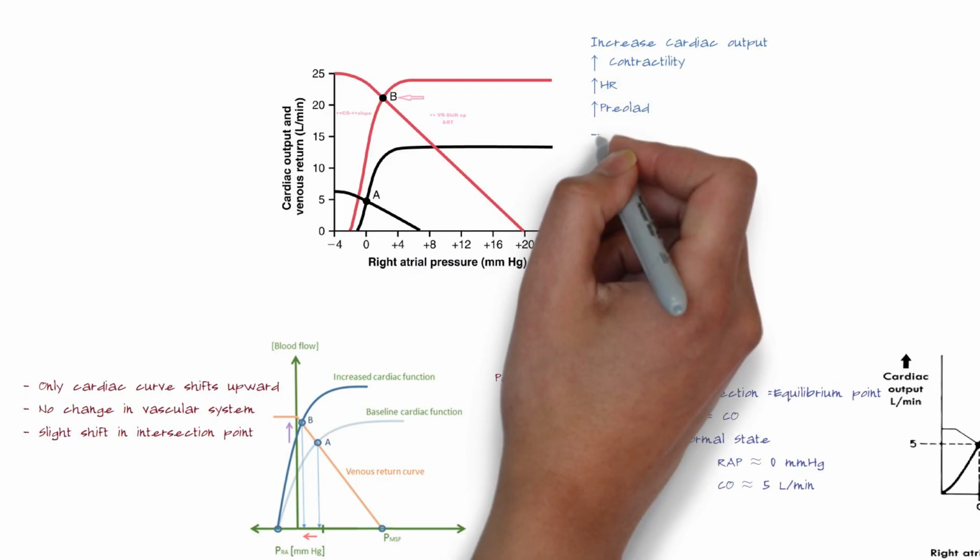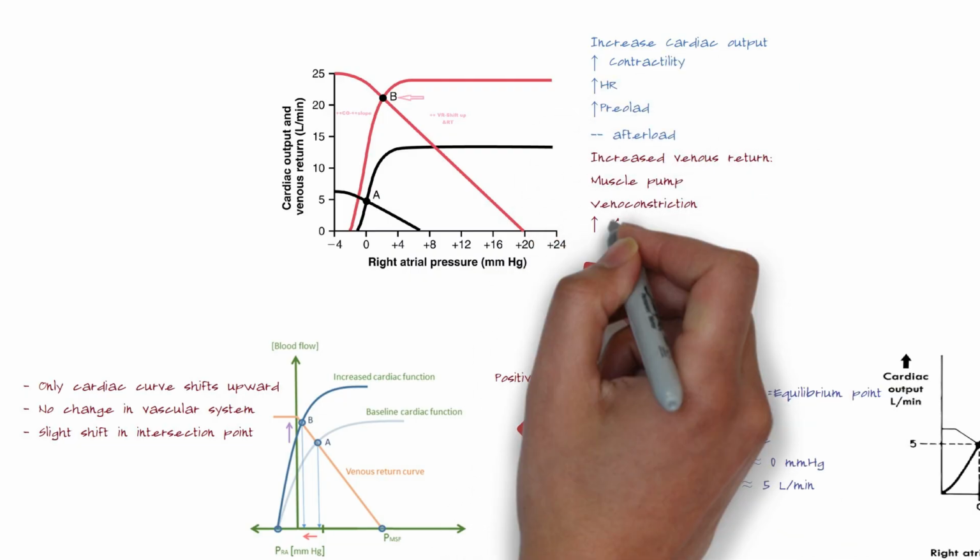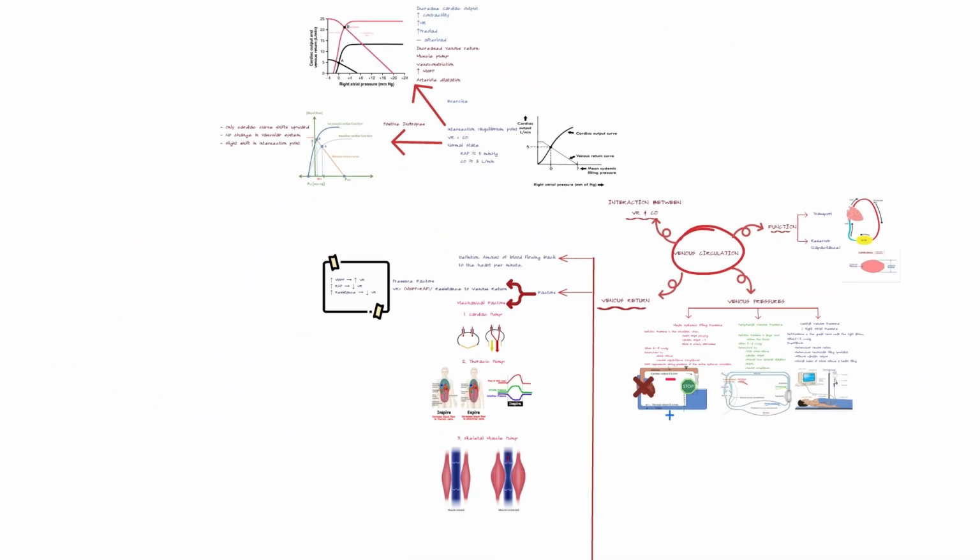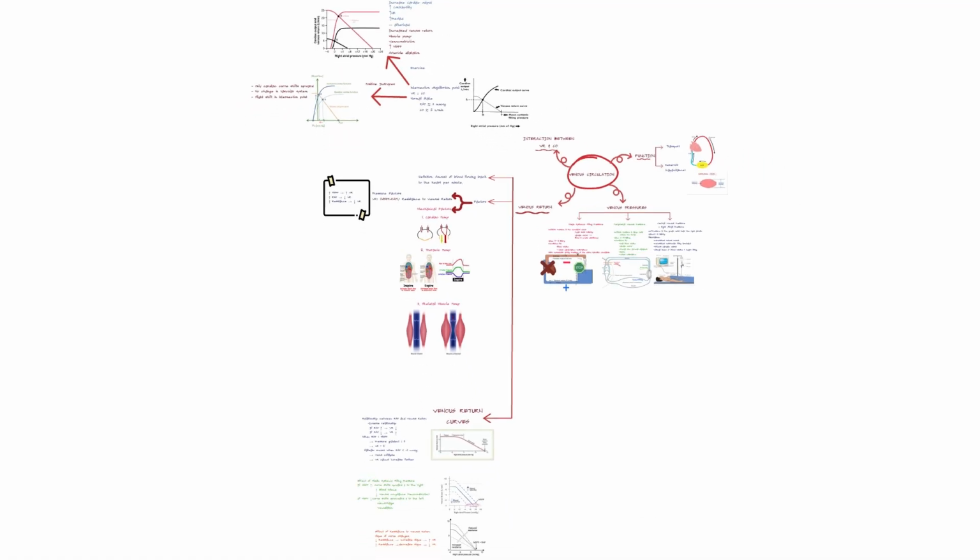The venous return curve shifts up to the right, the cardiac output curve shifts up and to the left, so the intersection point moves higher with a marked increase in cardiac output. So the greater increase in cardiac output depends on the heart and the blood vessels working together. That's our MemoMap of the venous system. See you next time.